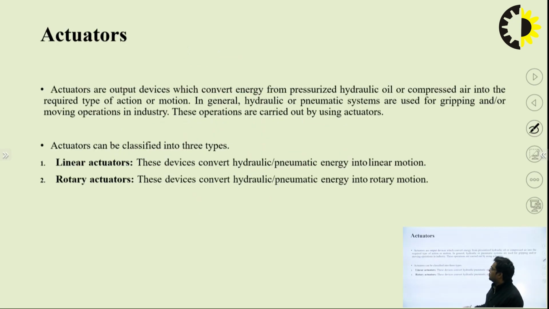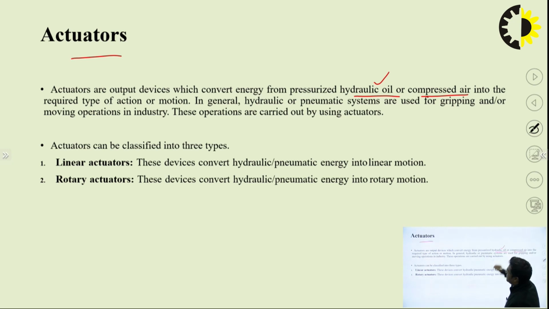Now, coming to another topic, the actuator. What is an actuator? After the compressor, it is used in pneumatic systems. Actuators can be moved based upon converted energy, either compressed air or high pressure water. They convert energy from pressurized hydraulic oil or compressed air.